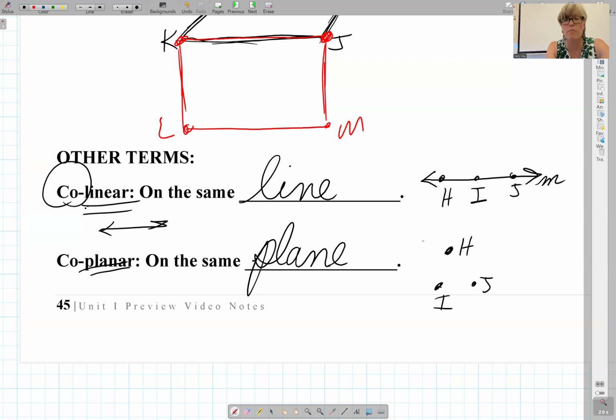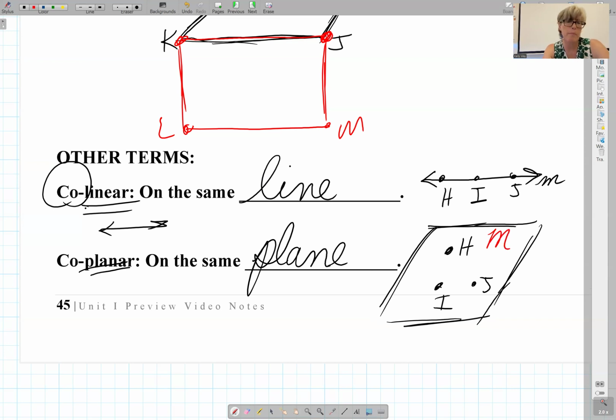They're not on the same line, but I could put them on the same tabletop, if you will, a plane. I can name that plane uppercase cursive M. Collinear, same line, coplanar, same plane.